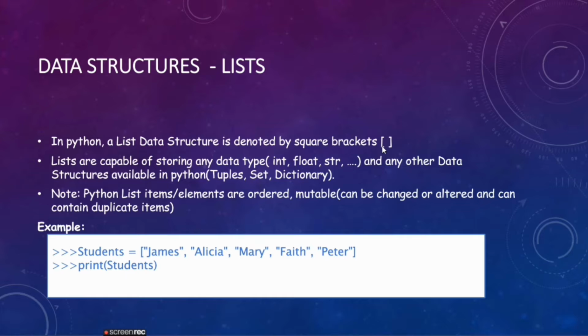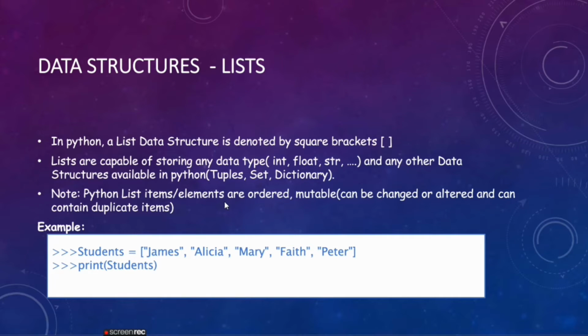Lists are capable of storing any data type: int, that is integers, float, that is floating point numbers, strings represented by str, and many more. Any other data structure available in Python can also be stored within a list. For instance, we can have tuples, sets, dictionaries. Don't worry about them, we will discuss them when the time comes.